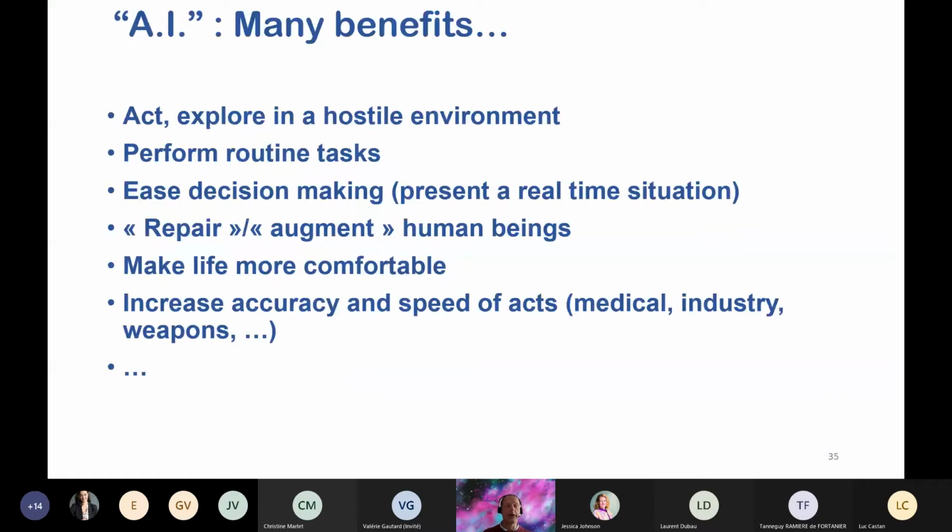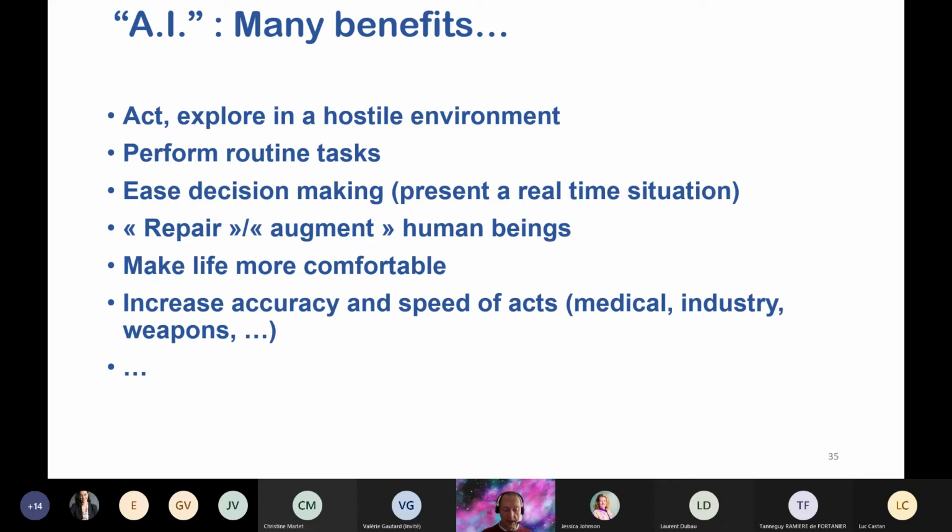So I'm going to conclude now. AI offers us many benefits. It can act, explore in a hostile environment, perform many routine tasks, ease decision-making, and present a real-time situation.